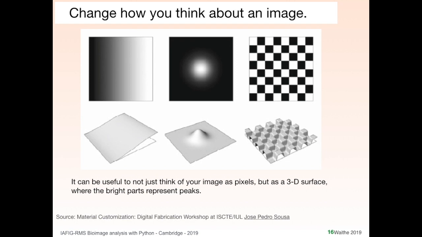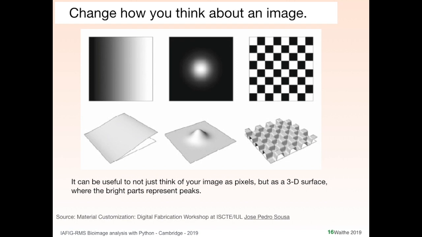But what I want you to start doing, and this is kind of what I do, is think of it as a 3D surface where it's light, we have a mound, and where it's dark, we have a basin, a lower area. So this is like a topographical representation. You can imagine contours on a map almost. And the brighter it is, the taller it is, and vice versa.